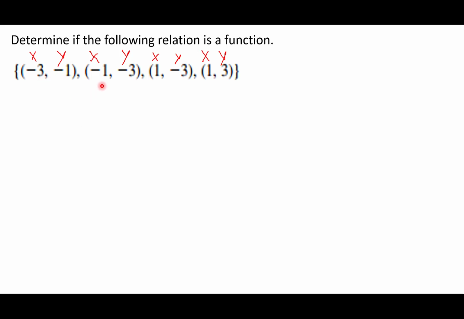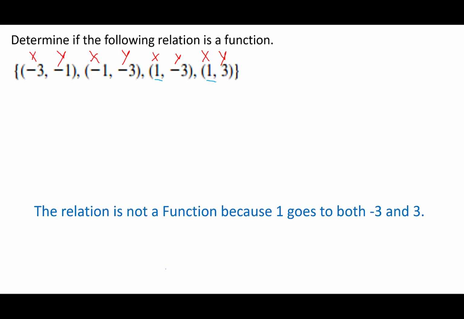Well, we've got -3, -1, 1, and 1. So I do have an x value that repeats itself. Now we're going to look at the y values with that. Okay, so I've got -1, 1 and -3. And then I've got 1 and a +3. So, this relation is not a function because 1 goes to both -3 and 3.